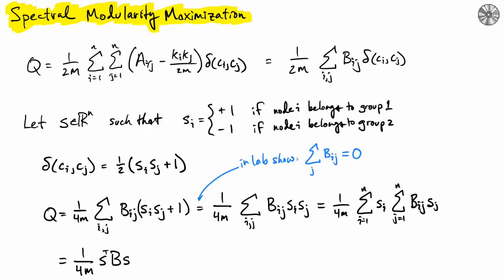So we're going to assume that nodes of the same type will be connected, and so we're going to assign labels that actually make that true. So essentially, instead of computing what Q is, we're actually going to try to maximize that.